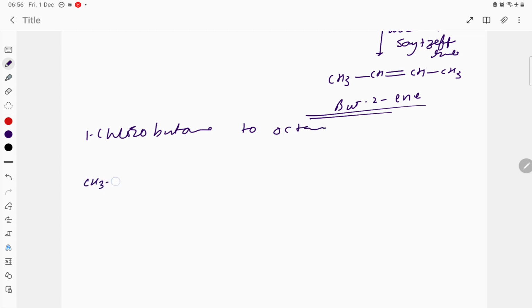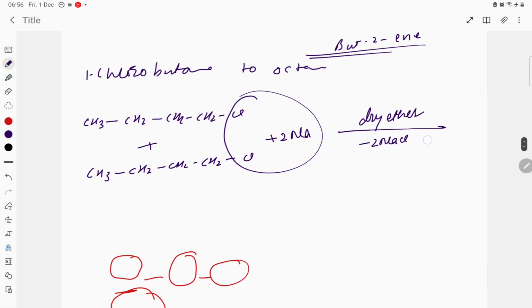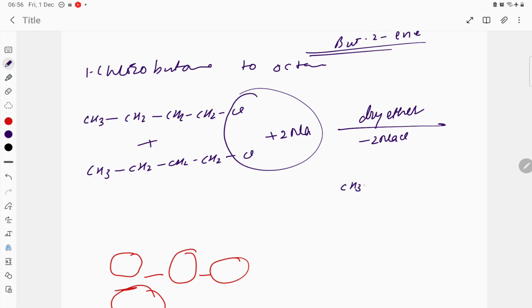So CH3 CH2 CH2 CH2, take one more molecule, student, CH3 CH2 CH2 Cl, treating with 2 molecules of sodium in dry ether. So in dry ether minus 2 NaCl will be out, student. Now see the product, student, CH3 CH2 CH2 CH2 CH2 CH2 CH2, and finally CH3. So this is the octane, dear student.